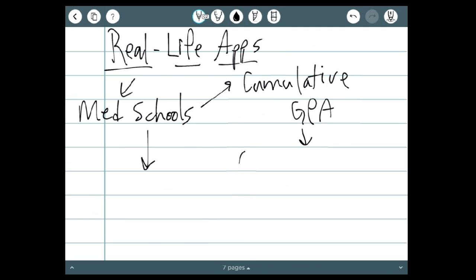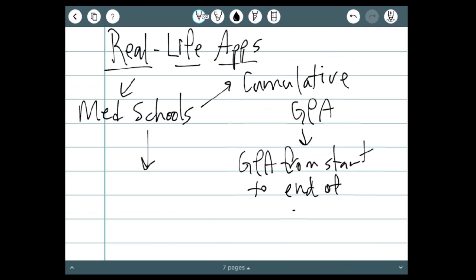That is literally your GPA from start to end of college. So knowing how to calculate your own GPA really does help, because if you know your cumulative GPA and you know how to calculate it, you can actually make anticipatory calculations. What do I need in this final to get a certain GPA? What do I need in this final to get an A in this class? And once you decide all of that, you can see how that impacts your GPA.